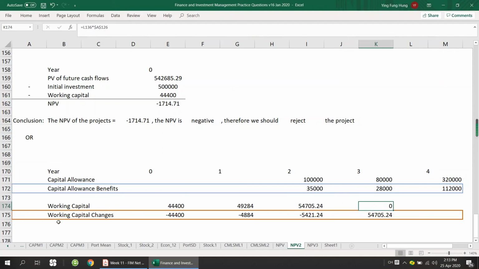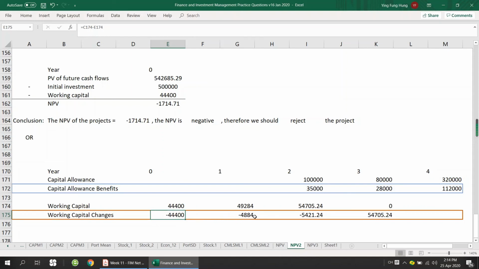And then for the next step, you want to calculate the working capital changes, which can be obtained by subtracting the current working capital by the previous working capital. So in year 0, this is the working capital that we have to prepare today. And since last year we haven't invested in any project, that means the difference is a negative 44.4 thousand.